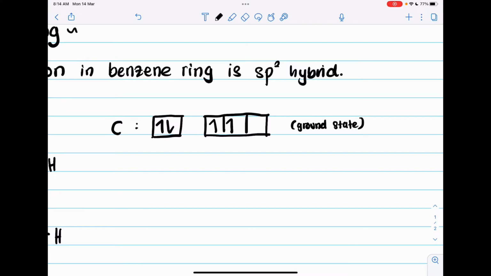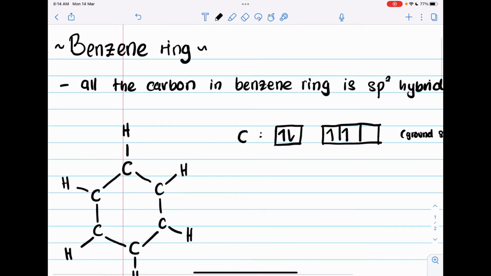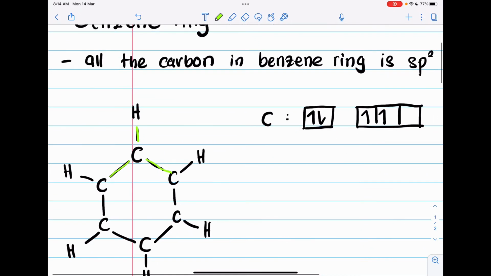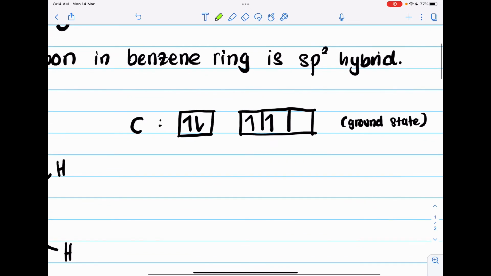Okay, and then as you can see, this carbon attached to three atoms, which is carbon, and hydrogen. Okay, so each of them, if you look at all the carbons, they're attached with 3 atoms, which means we need 3 single electrons. So we have to excite the electron since we only have 2 single electrons there.